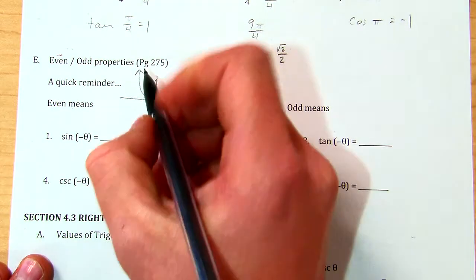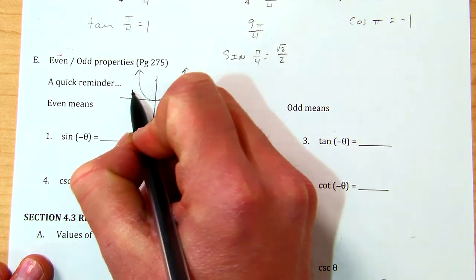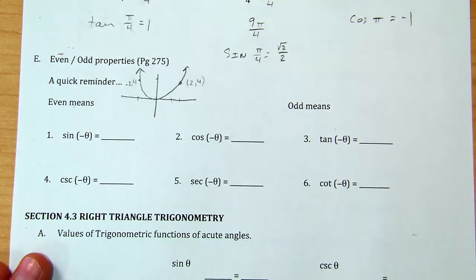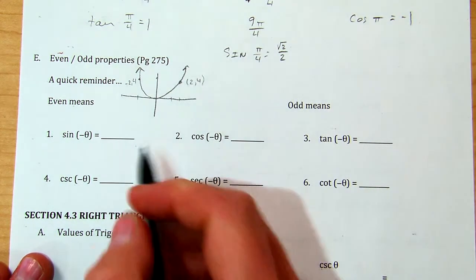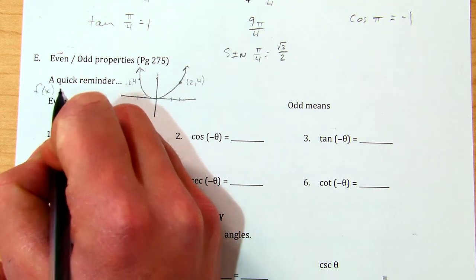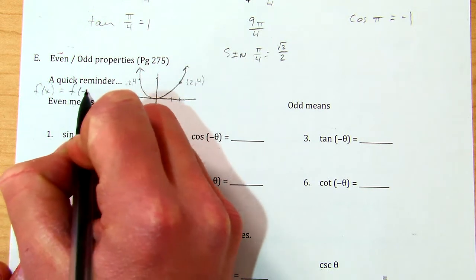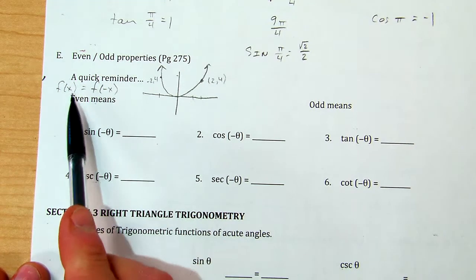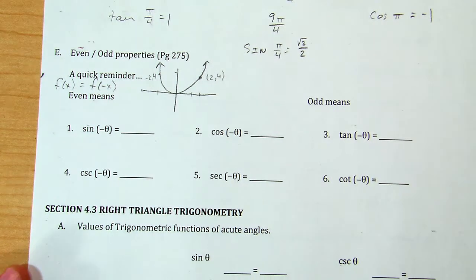Well, if you plug in -2, you still get 4. So we said the definition of an even function is that f of x is equal to f of -x. Or in other words, if you plug in the positive and if you plug in the negative, you should get the very same answer.